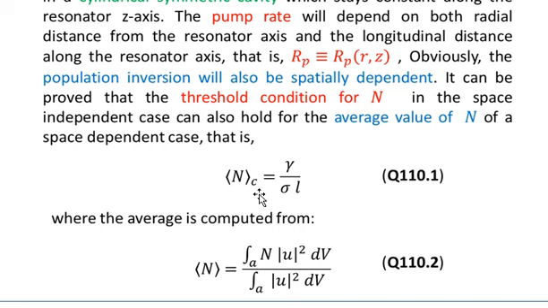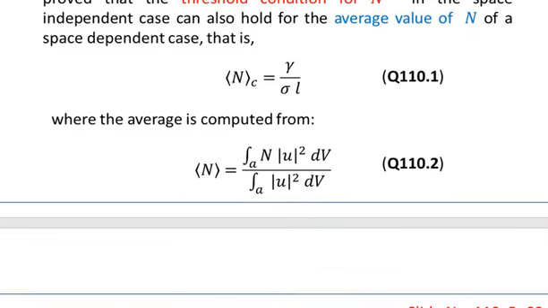So the critical value of the average of the population inversion is equal to gamma over sigma into L, where gamma is the total loss within the cavity, sigma is the stimulated emission cross section, and L is the length of the active medium rod.